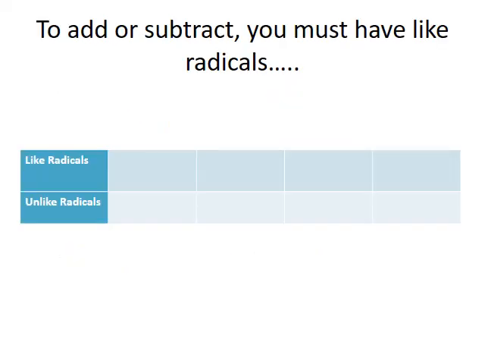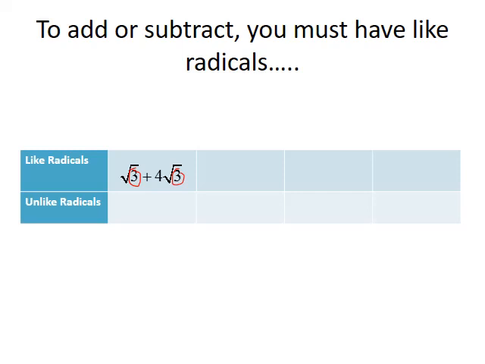With this same idea, in order to add or subtract radicals, you must have like radicals or like terms. So like radicals would be the square root of 3 plus 4 times the square root of 3. The square root of 3, this number under the radicand, is the same, and that's what we mean by like radicals.